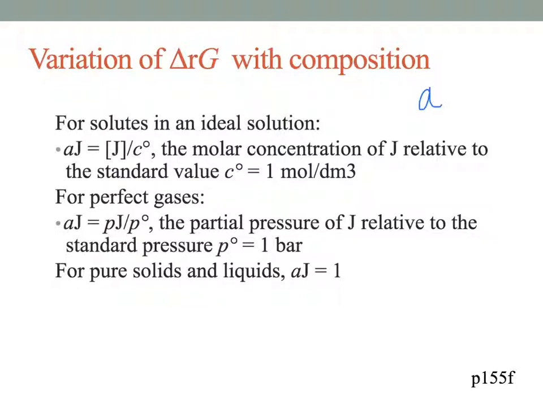So we're just simply talking about the activity of a solute in solution, and knowing that if it's a molar concentration, the activity is defined as the concentration divided by C naught. C naught is just 1 mole per cubic decimeter.